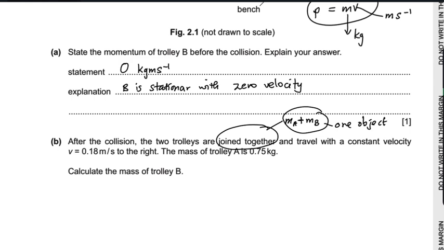So after collision, the two trolleys are joined together and travel with a constant velocity of 0.18 meters per second to the right. That's very important. The mass of the trolley A is 0.75. Calculate the mass of trolley B.